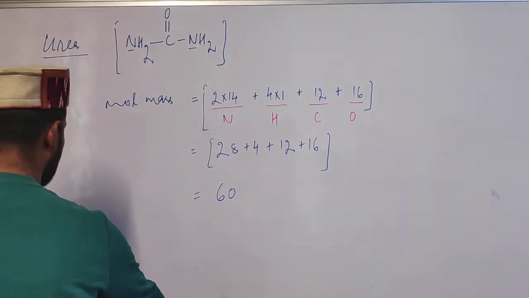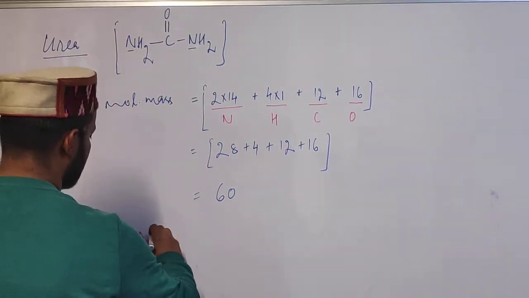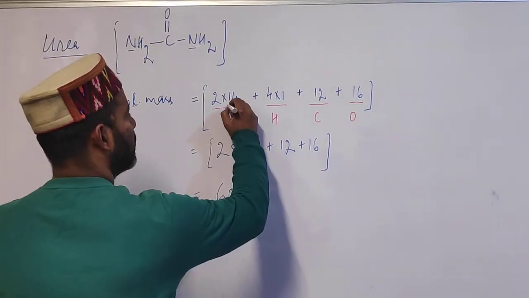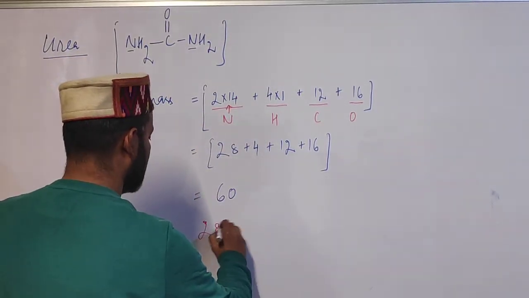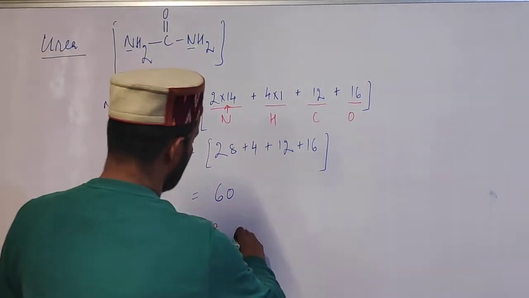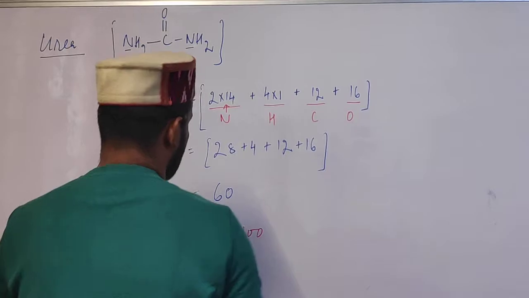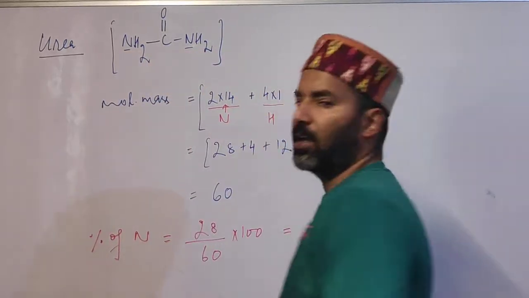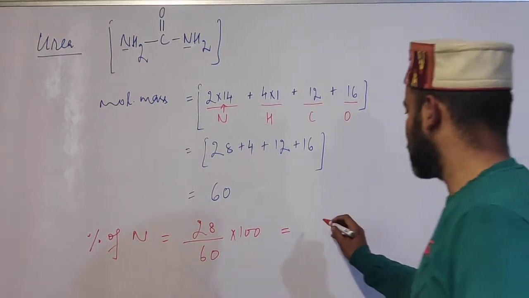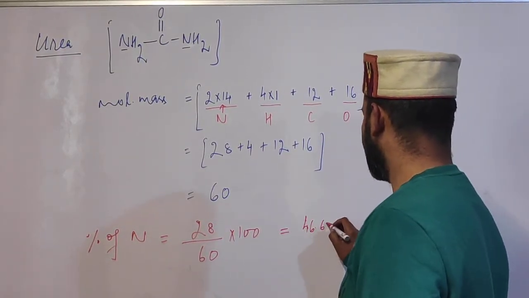First, the percentage of nitrogen will be the weight of nitrogen, which is 28, upon the molar mass into 100. When we calculate this, we find 46.67%.